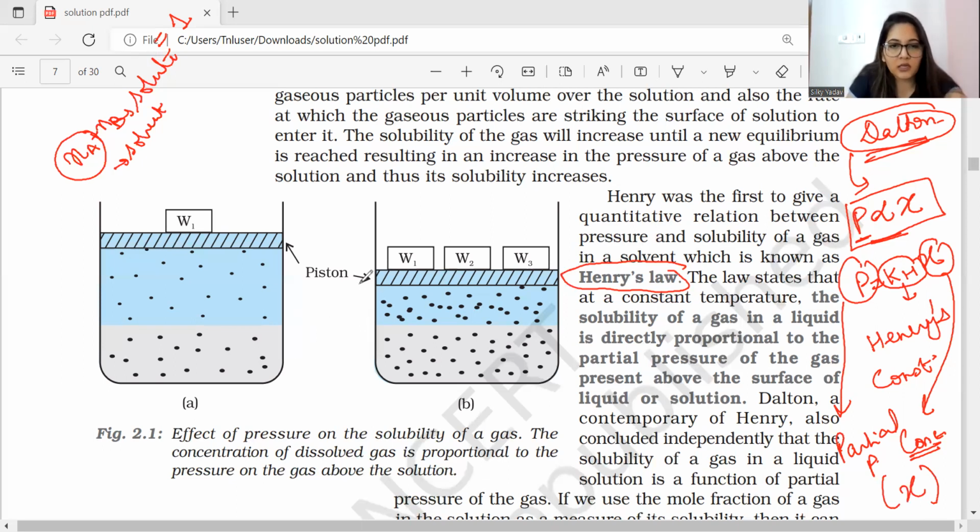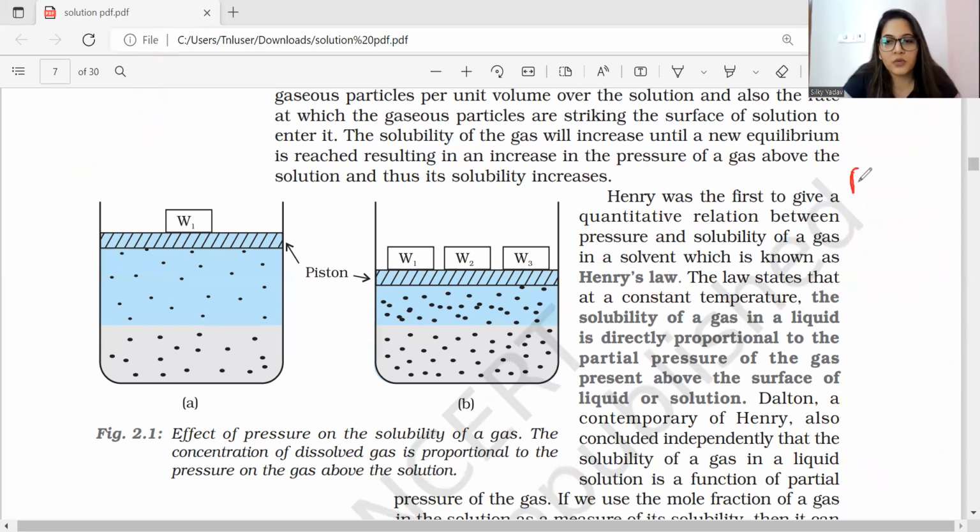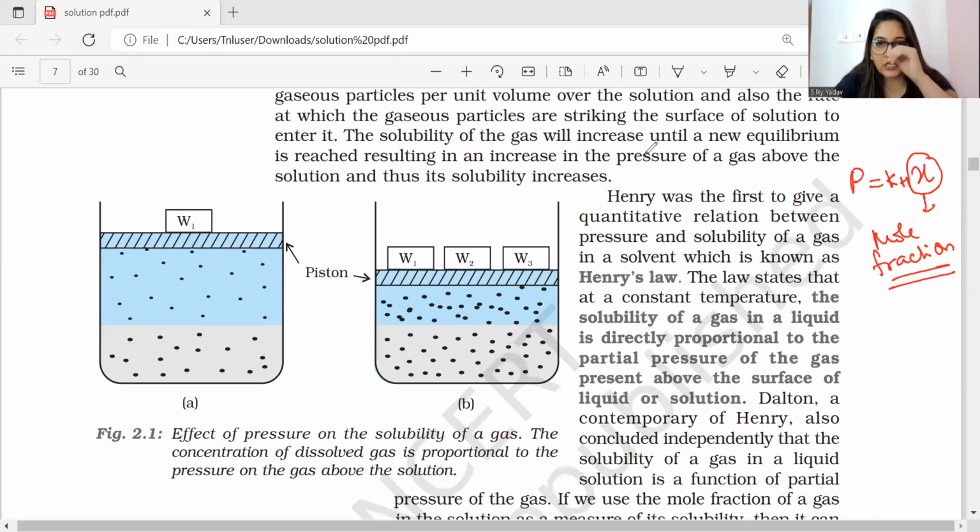So this complete will have 1. But if we talk about the fraction of the liquid and the fraction of the solute particles present, this can be represented as nA because of the solute and nB because of the solvent. So that's why Henry's law was P equals KH times X, where X is representing the mole fraction. Okay, I'll be explaining this to you in more detail. I hope that much is clear to everyone.